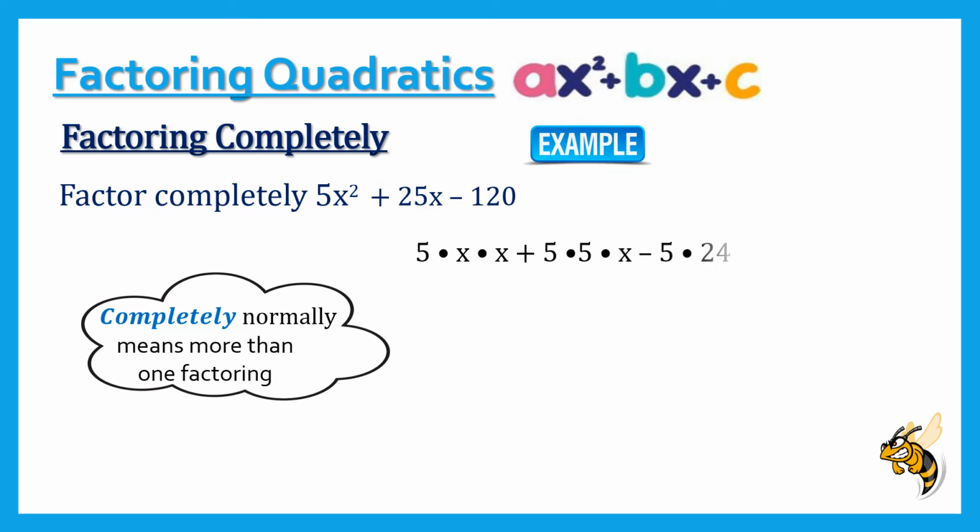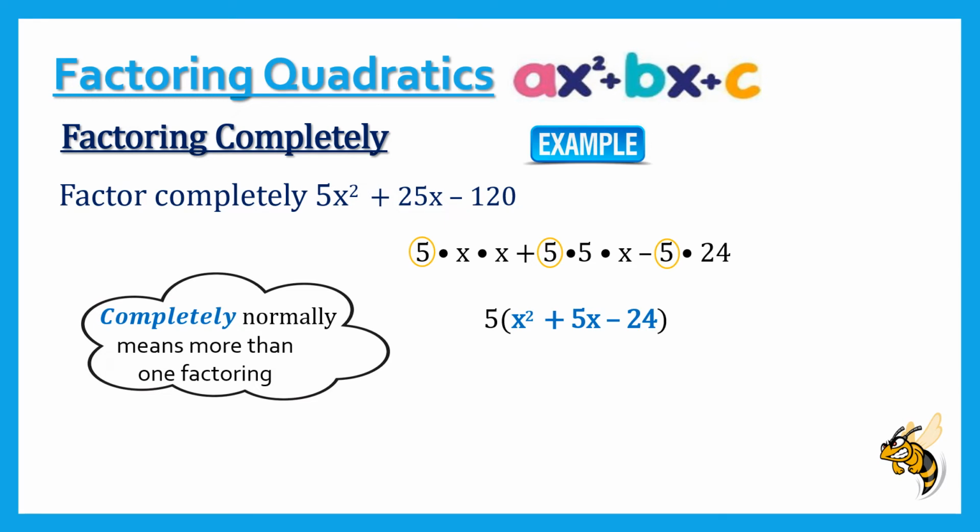So it's going to be 5 times x plus 5 times 5 times x minus 5 times 24. That allows me to remove the 5, which is the greatest common factor. I'm going to place it on the outside, and the remainder goes inside. So it'll be x times x is x squared, followed by a plus sign. 5 times x is 5x, followed by a minus sign, and then you have the 24.